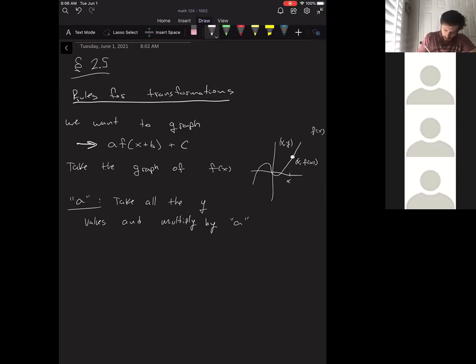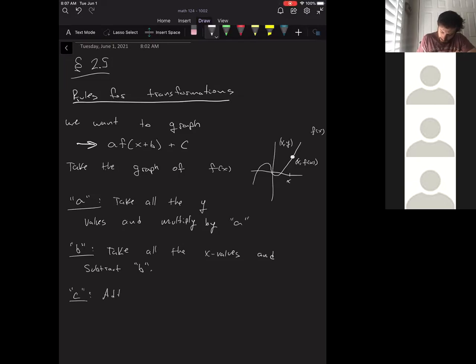What that b value is going to do is take all of our x values and subtract b from them. And then in this example in particular, we'll take our c value, and what that's going to do is take all our y values and add c to them.